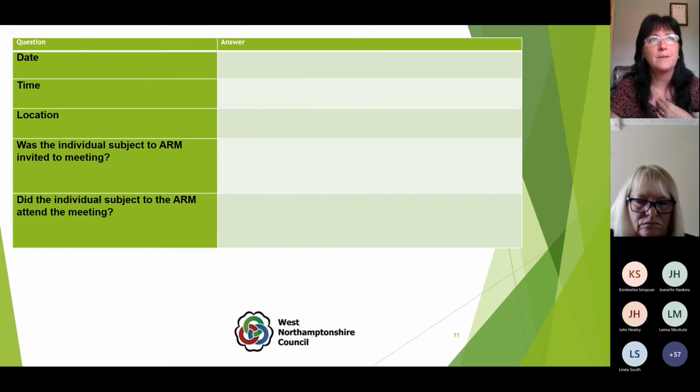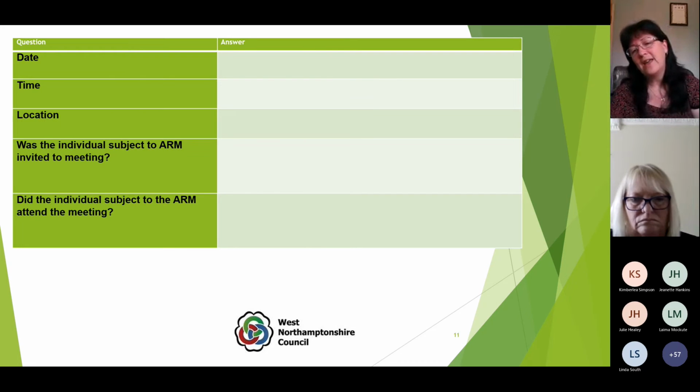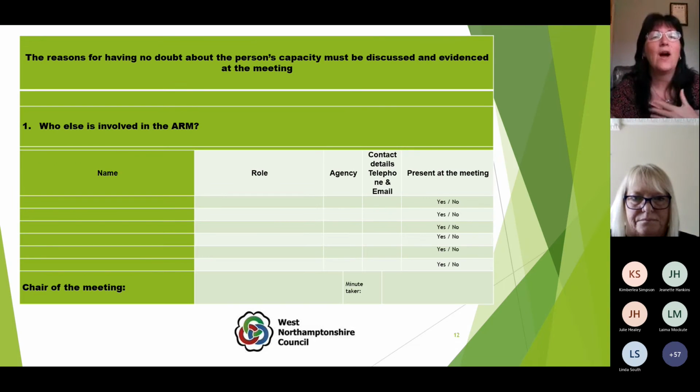Very often, if you're doing it via Teams, you might have an advocate sat with them, doing that meeting with them online, so they can dip in and out as they choose. And you need to evidence that as chair. So as a chair, it's really important that you make sure this is recorded.